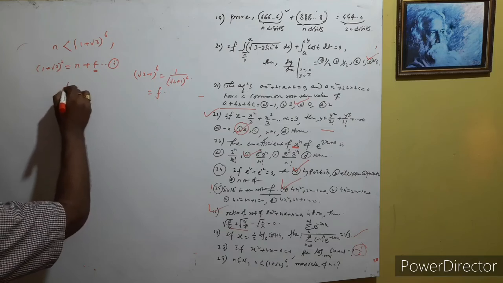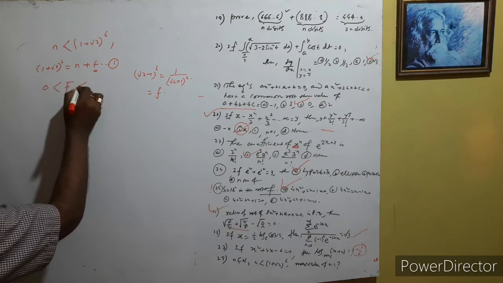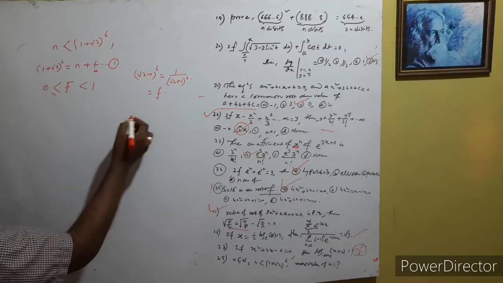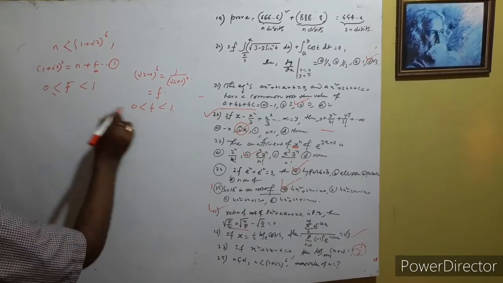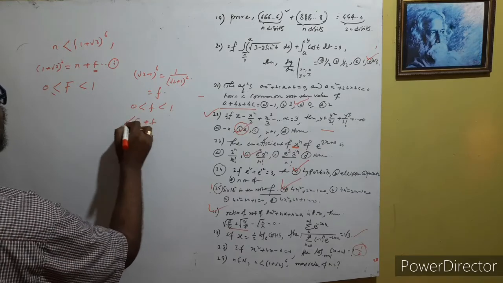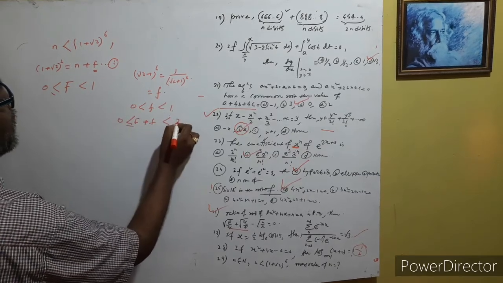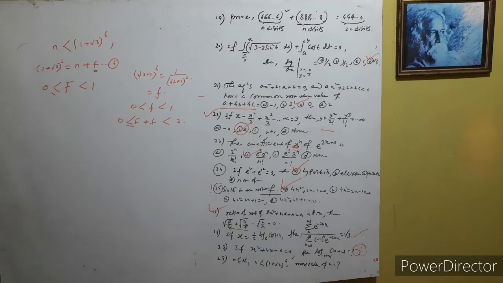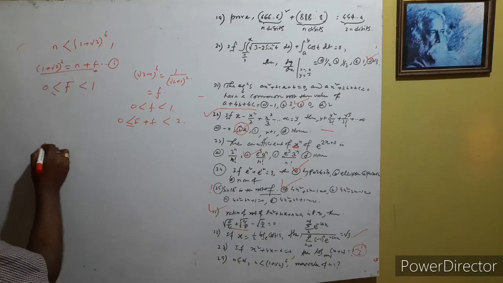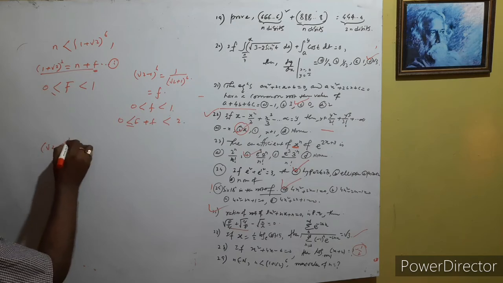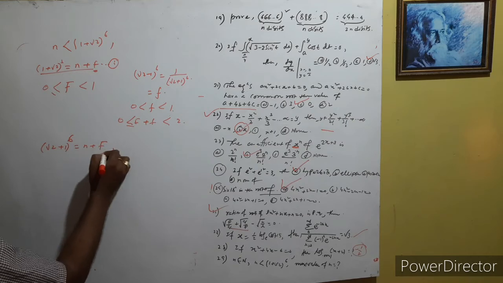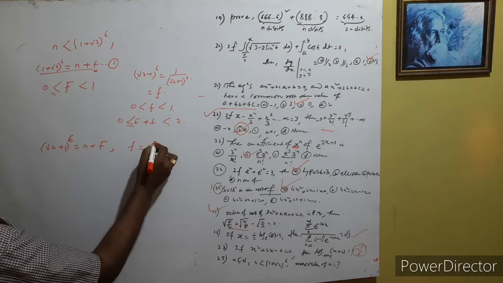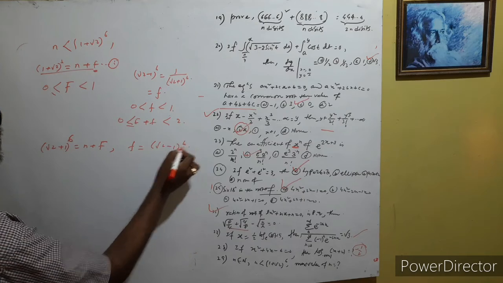This fraction f lies between 0 to 1, and the same as lies between 0 to 1. If these two are added, f plus f lies between 0 to 2. Now root 2 plus 1 whole to the power 6 is equal to n plus f.